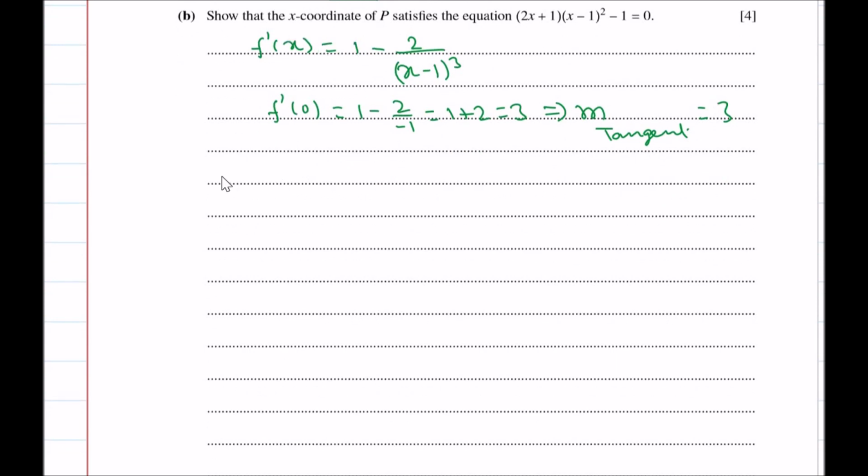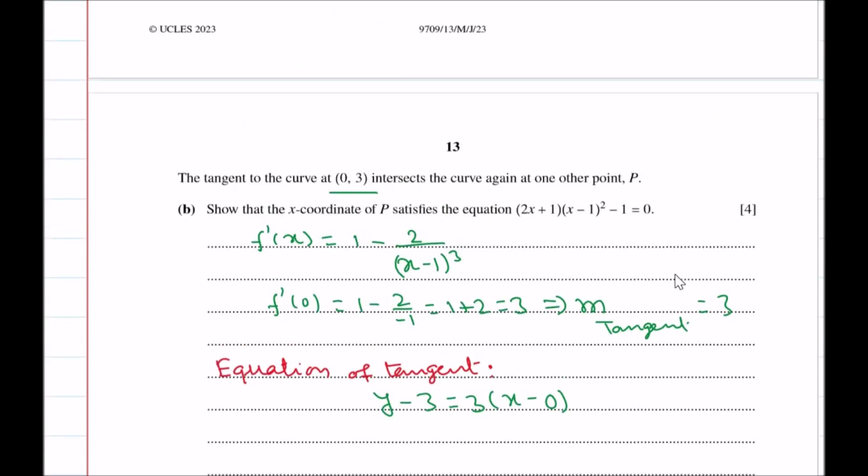Okay. Now, the equation of the tangent we need to find. The equation of the tangent will be given by y minus y1, that is 3, equals m, which is 3, into x minus x1, which is 0, as you can see the point given here, 0 and 3.